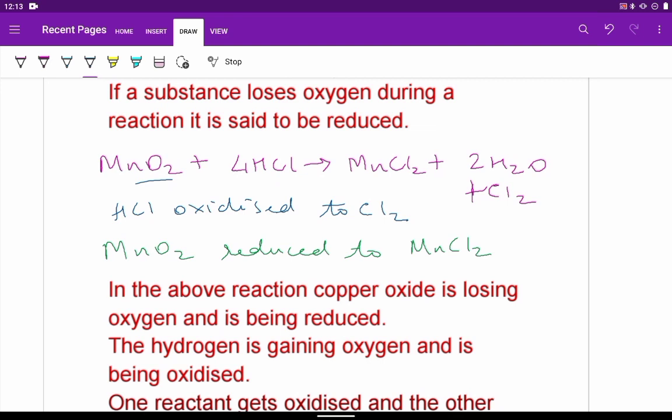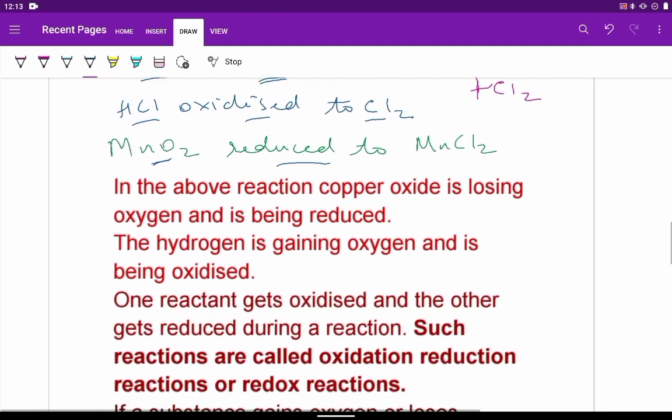So here HCl is oxidized to chlorine because it is losing hydrogen. Whereas MnO2 is losing oxygen, so it is reduced to MnCl2. So if oxygen is lost, it is reduction, and if hydrogen is lost, as HCl loses hydrogen to form Cl2, it is oxidized.